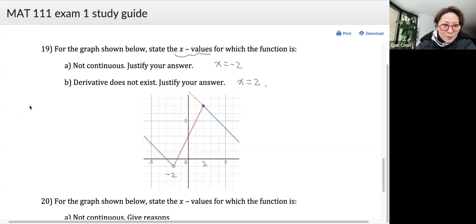And another way, so we have two slopes, right? So which one to follow? So we say does not exist, right? If it's not unique, we just say does not exist. Any questions?